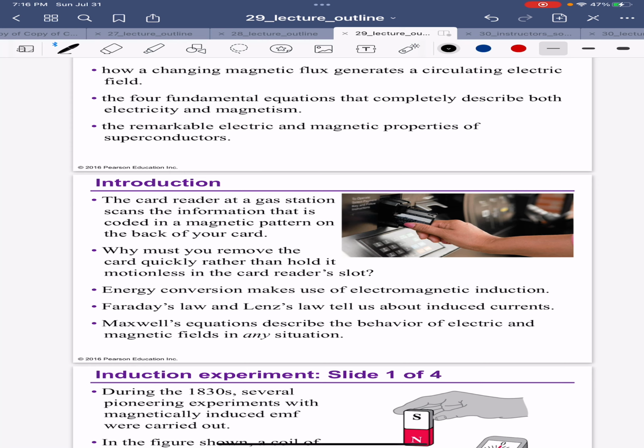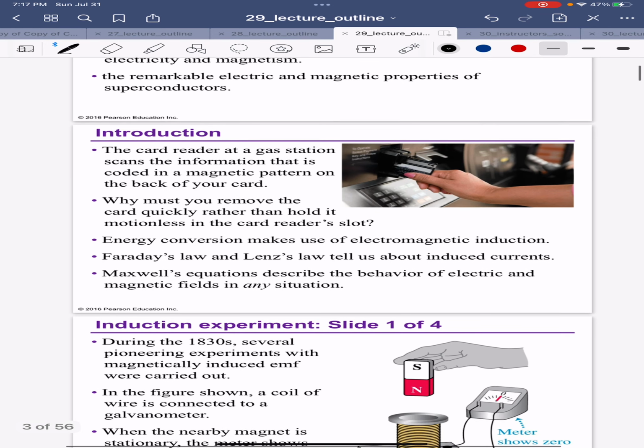Therefore, this is going to identify whose card is this. Why must you remove the card quickly rather than hold it motionless in the card reader's slot? And we are going to talk about when we're going to have motion and different when we don't have motion.